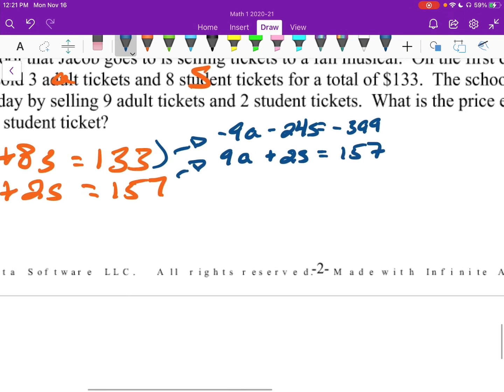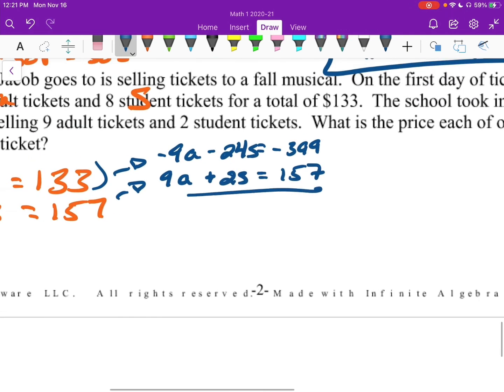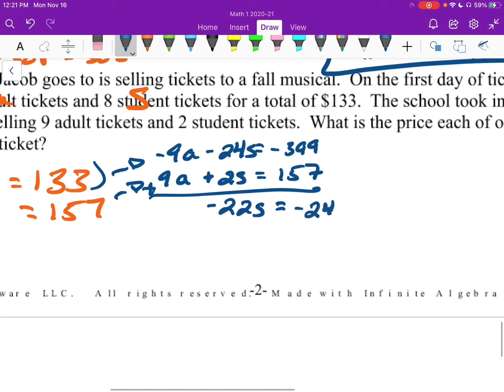All right, now that we've got that, we can add them up. So it's going to be 0a, -22s, and then -399 plus 157 gives me -242. I'll divide both sides by -22, excuse me, and s is going to be positive 11.